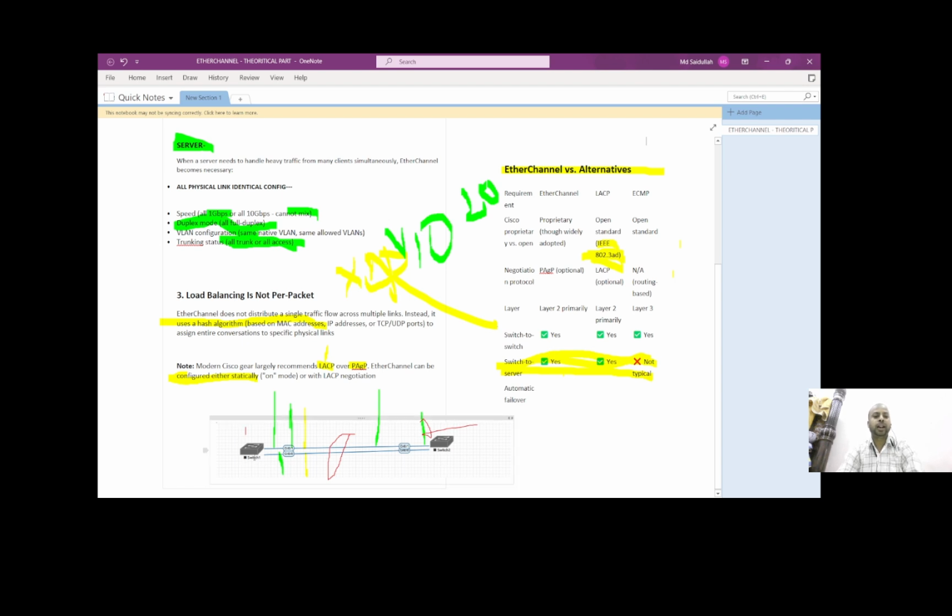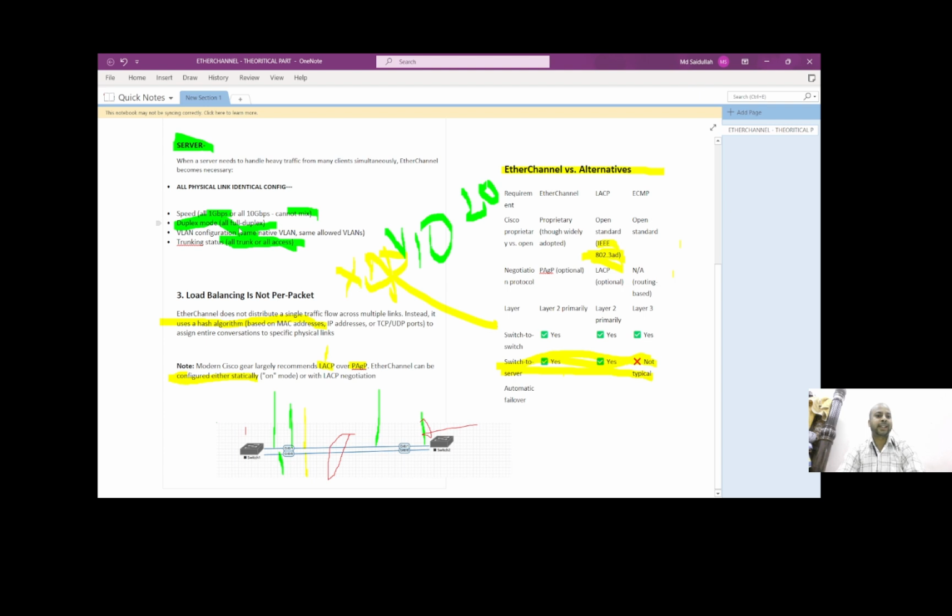If this side is 1 gig and this side is 10 gig, then EtherChannel will not work. This side 1 gig, this side 1 gig. Both sides need to be 1 gig. If switch 1 Gi0/0 is 10 gig, then the other side also needs 10 gig. It means the speed is the same, you cannot mix.